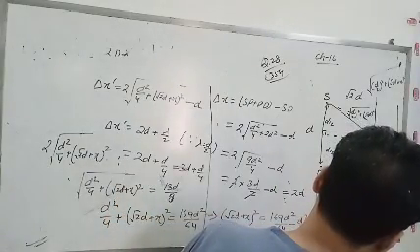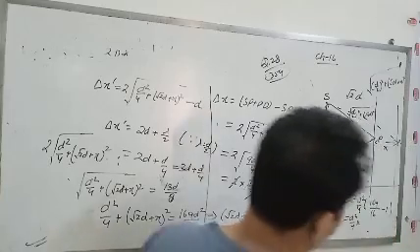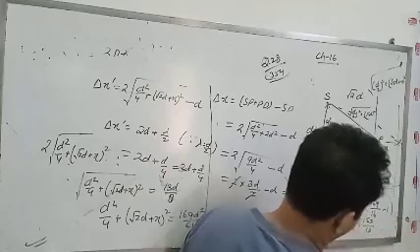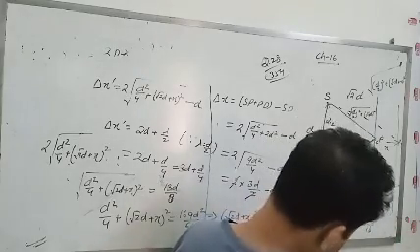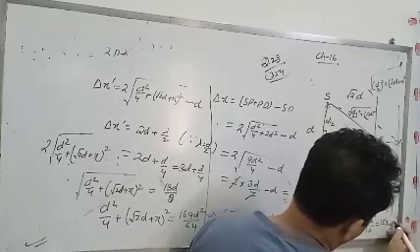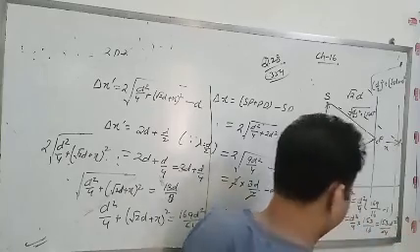Is it correct? Or it is d square by 4 into (169 minus 16) upon 16, which is 153 upon 16. So this will be equal to 153 d square upon 64.